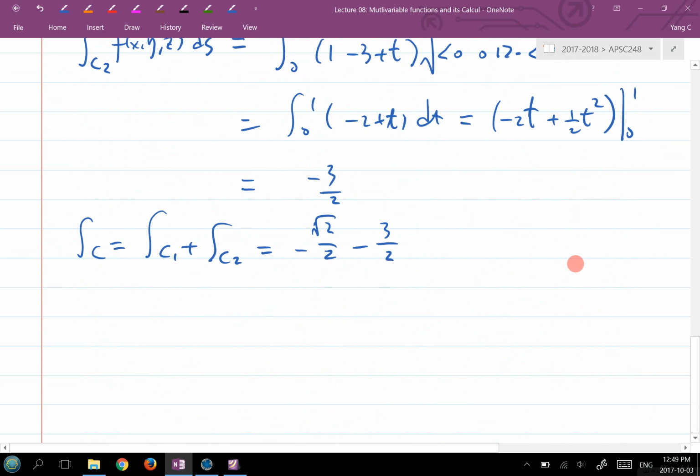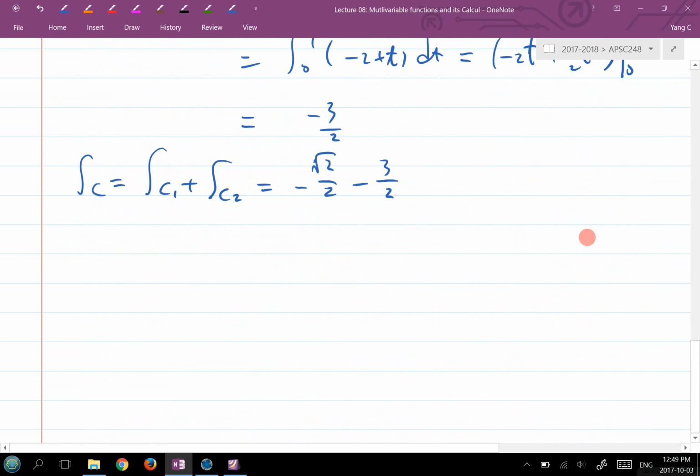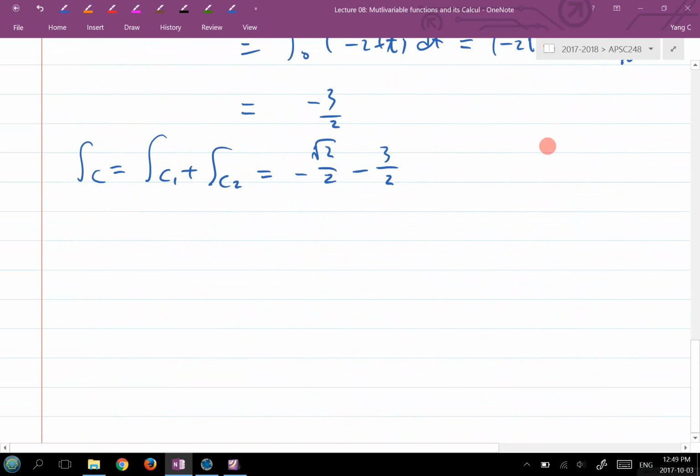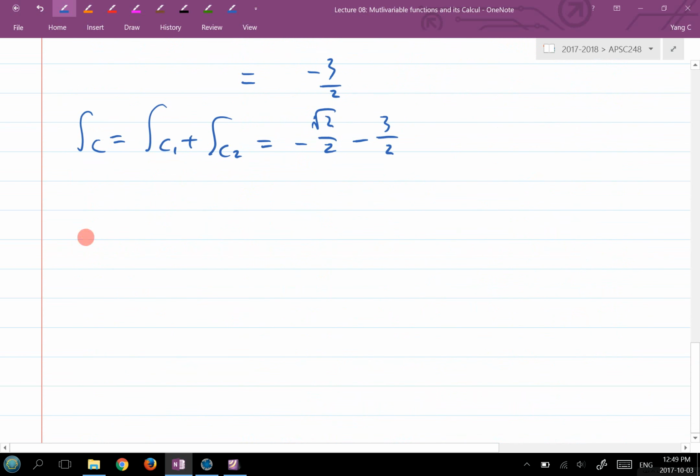Now, in my previous lecture, I mentioned the physical meaning of scalar line integral, and I compared that with a simple integral of a single scalar function. We know that this represents the area underneath the curve, right?